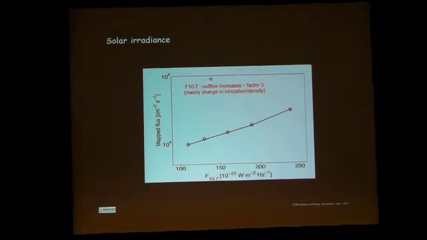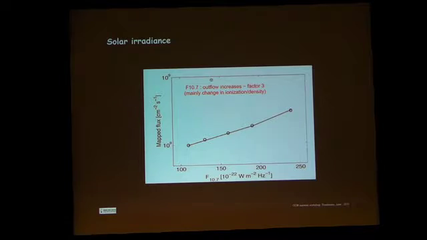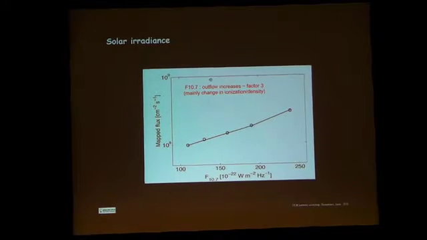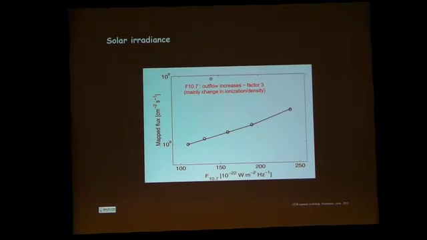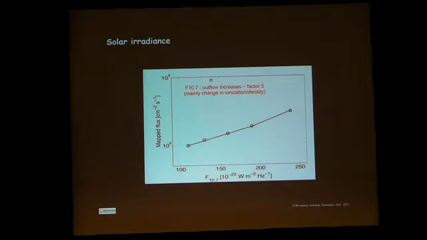Ion outflow, in particular cold ion outflow, is very much modulated by the solar irradiance. Essentially, ionization controls the outflow. So here is a little plot of F10.7 index versus flux, F10.7 along the horizontal axis, flux along the vertical axis.